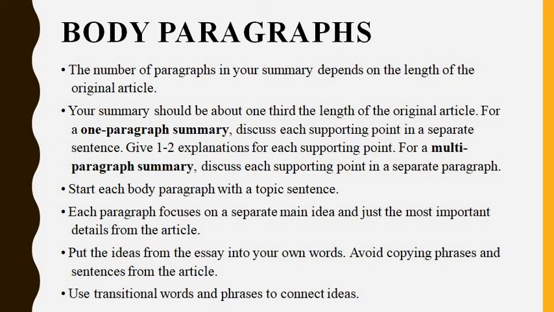If it consists of 20 to 30 pages, then the paragraphs can be 5 to 6 or 7 to 8. Your summary should be about 1/3 the length of the original article. For a one paragraph summary, discuss each supporting point in a separate sentence.